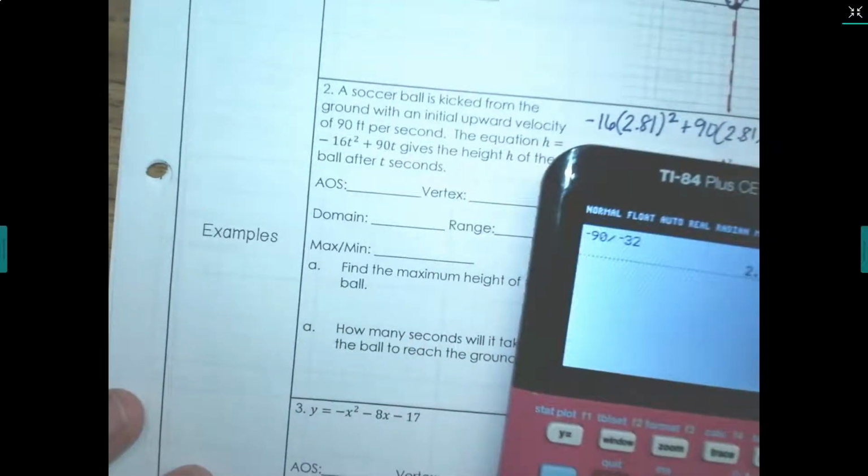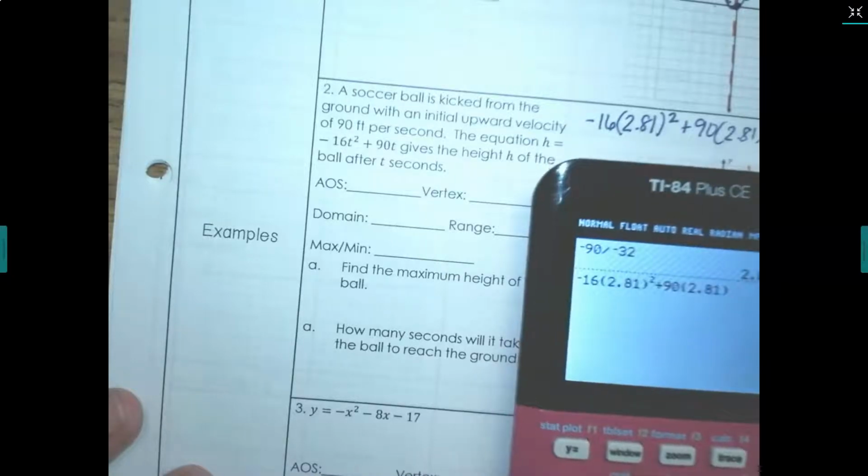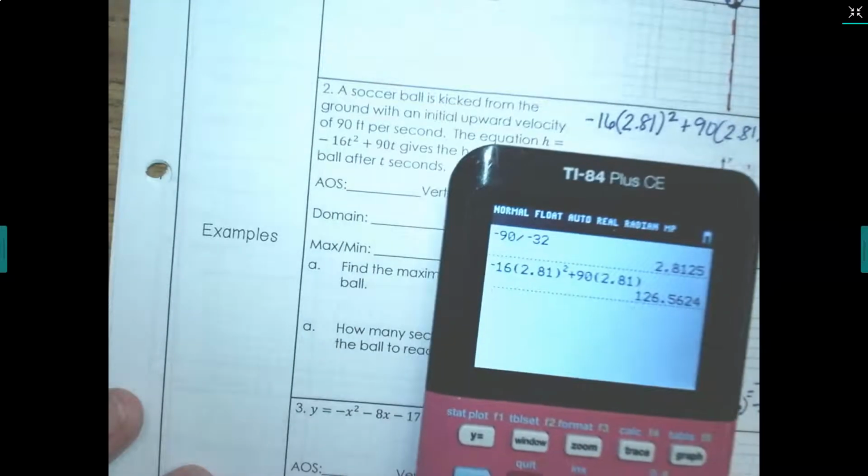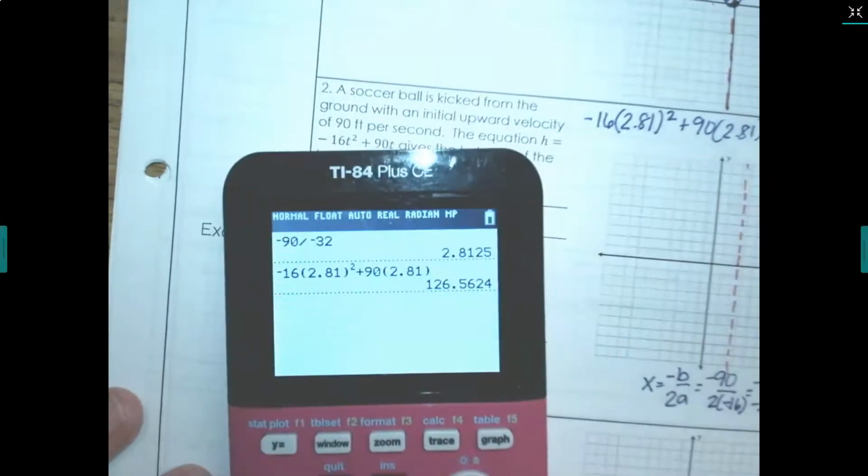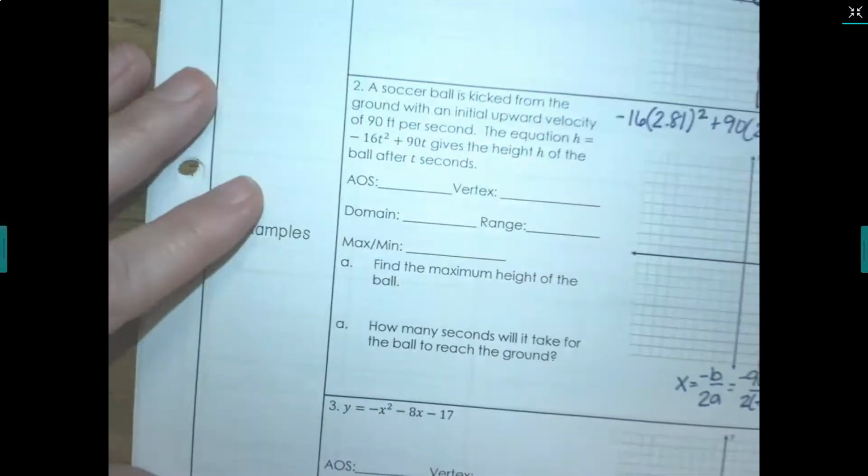So exit out of here. -16 parenthesis 2.81, close your parenthesis, squared, plus 90 parenthesis 2.81. It's just like it's written, and you press enter and you get 126.56. That's the y value of the vertex.